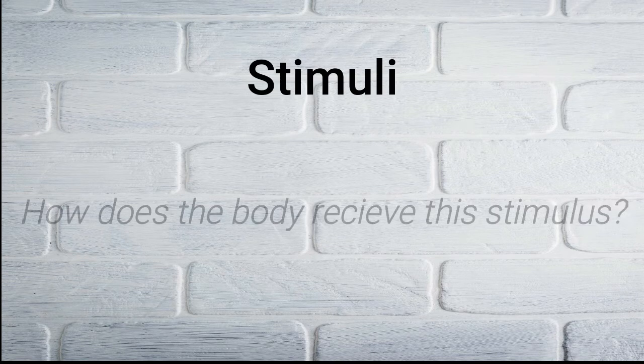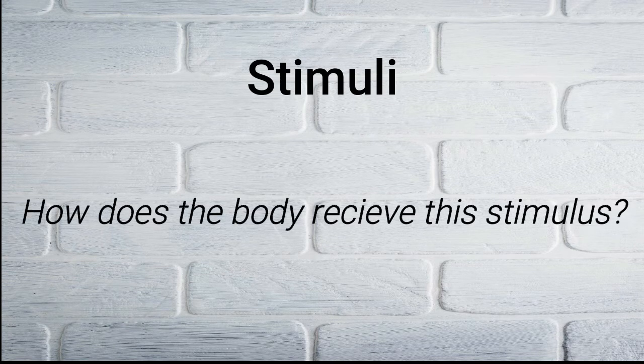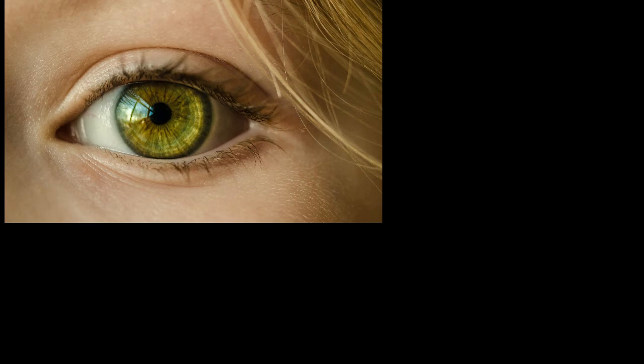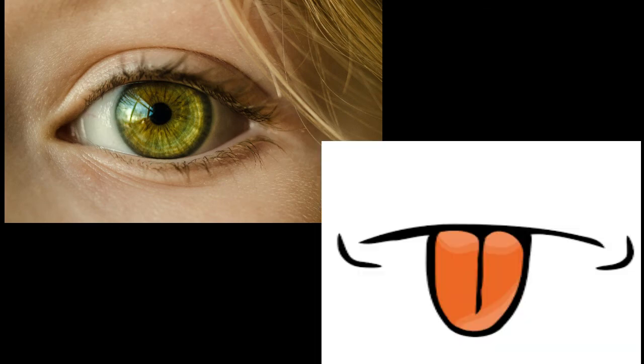Beyond that, how does the body receive the stimulus? We know all these things, but how does the body understand them? By looking at these pictures, you can say that the eye, the tongue and a lot of other things are used to detect these stimuli. So what are these?